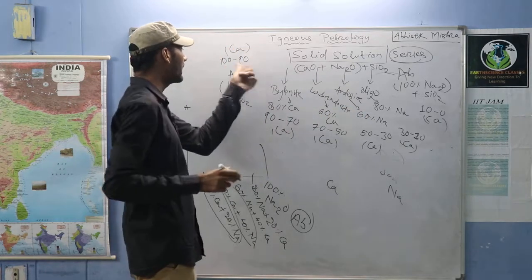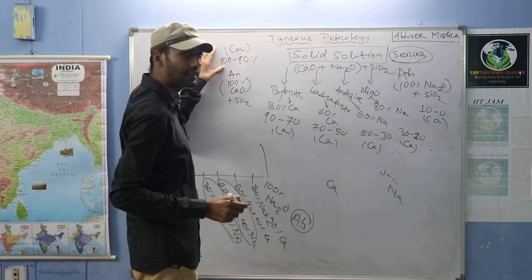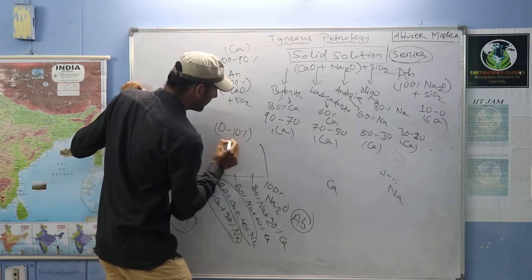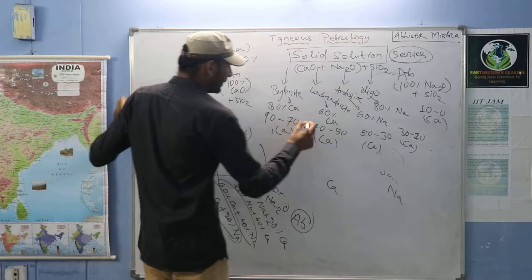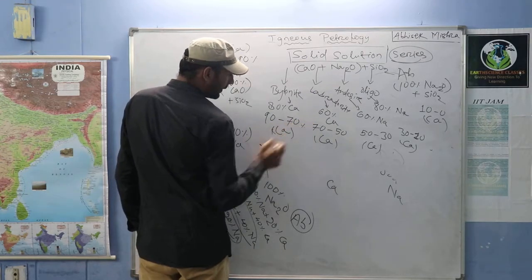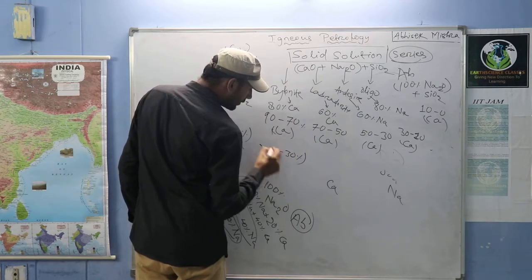That means 100 to 90% calcium. If there is 100 to 90% calcium, then 0 to 10% what? Sodium. Here 90 to 70 means 90 to 70% calcium. Then sodium will be 10 to 30% sodium.